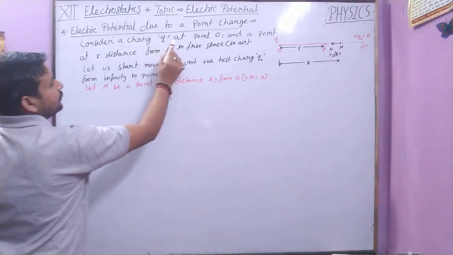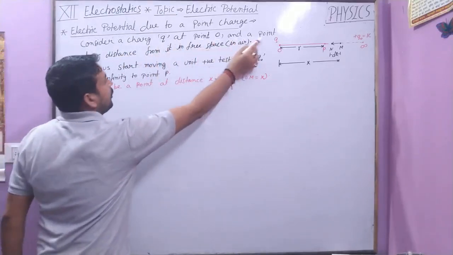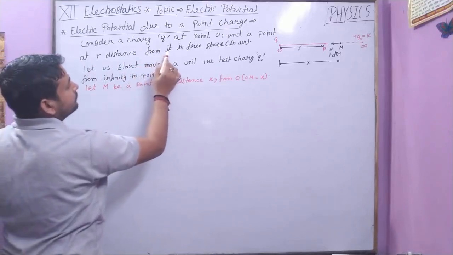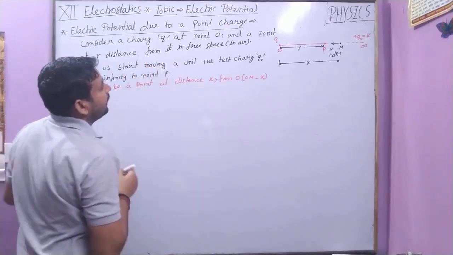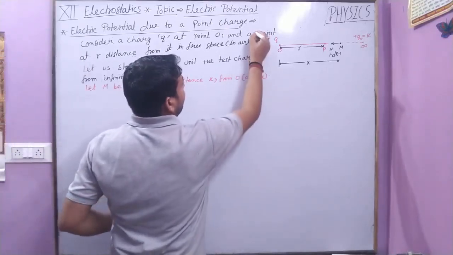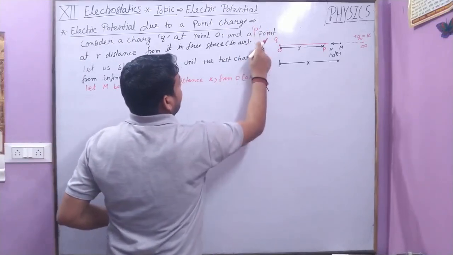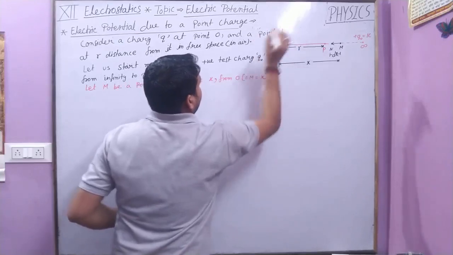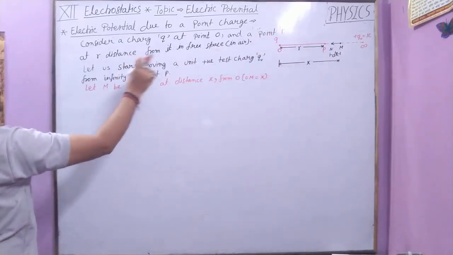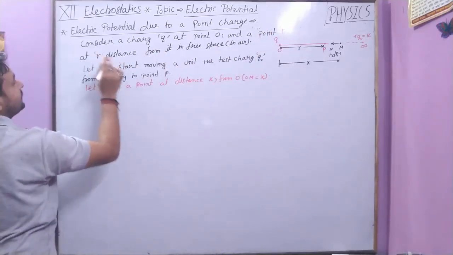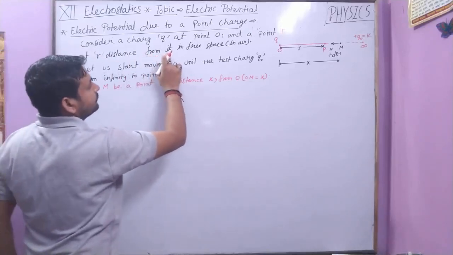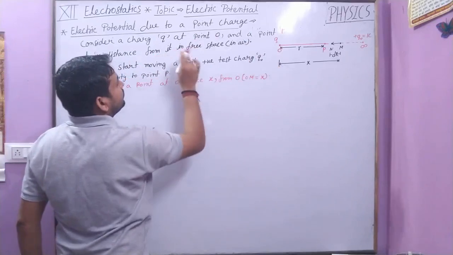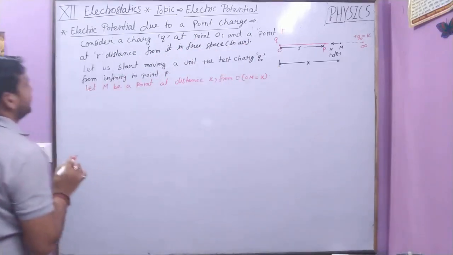So consider a charge Q at point O and a point P at R distance from it, which means from the charge at point O, in free space or in air.